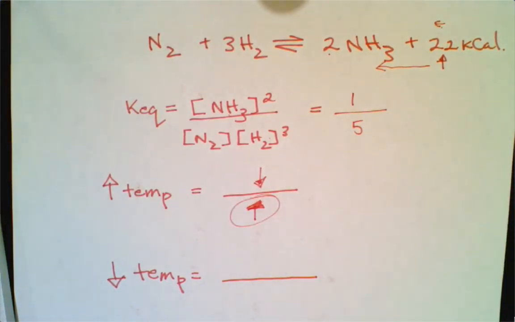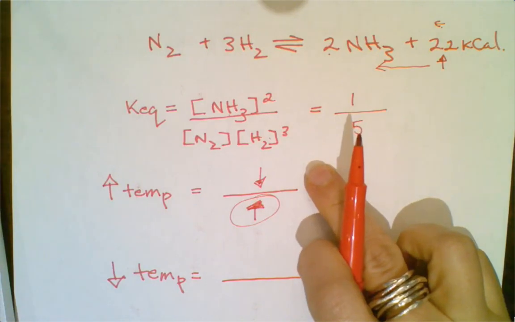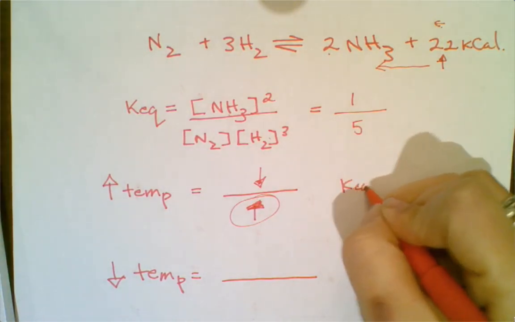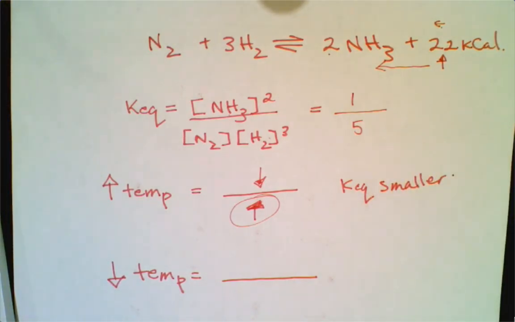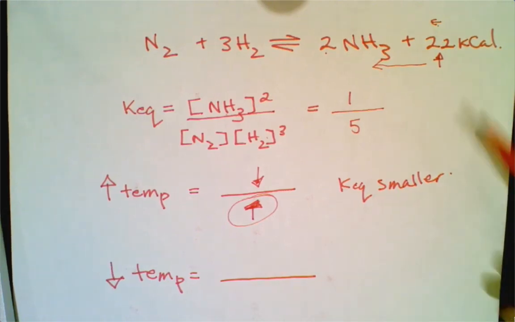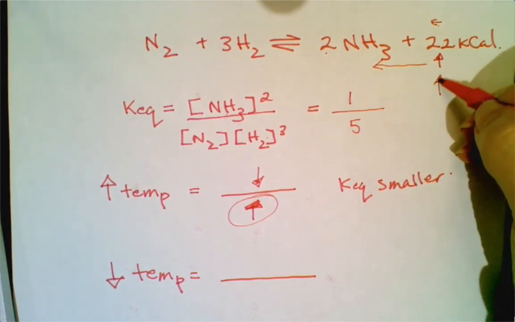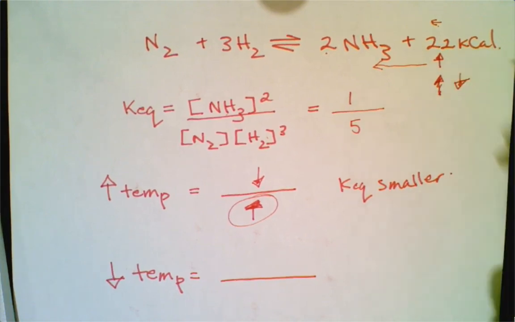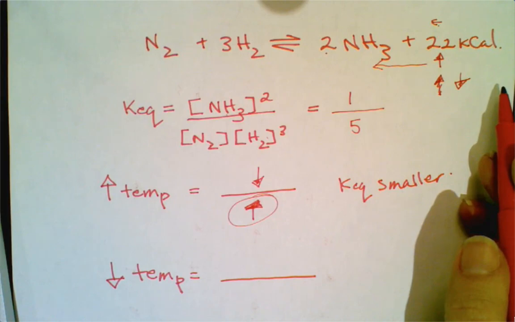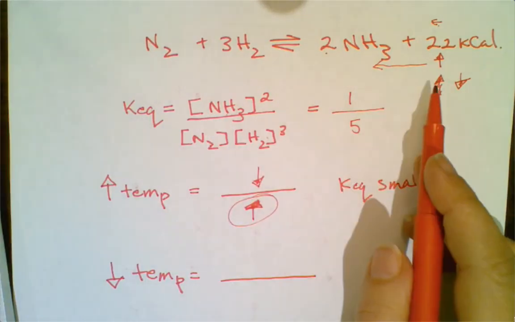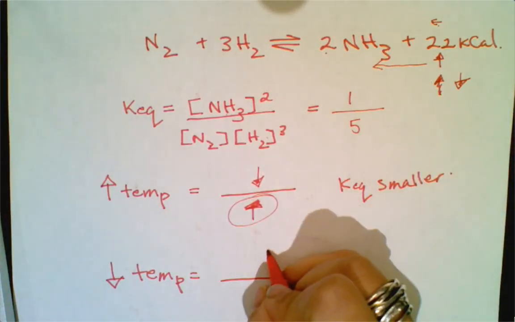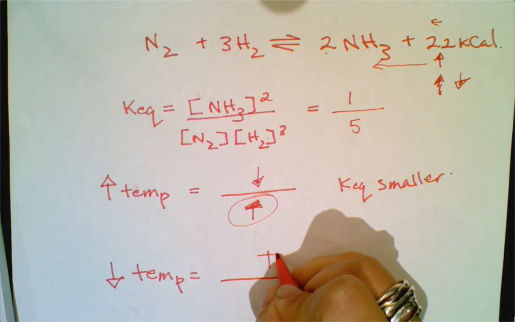Whenever you have a large denominator compared to your numerator, your KEQ value is going to be much smaller. So you're going to get a smaller value. When we have the opposite happening, when you have a decrease in temperature, your system is going to shift towards the right. So when we shift towards the right, you are making more product.